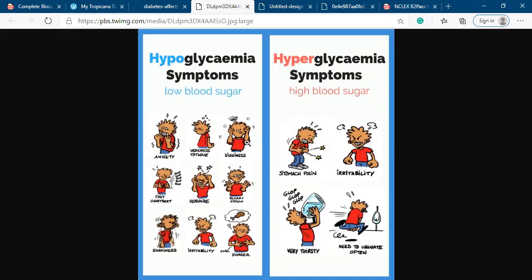Also difficulty of concentration. They have difficulty of speech, called slurring speech, or they feel blurred vision, anxiety, and finally seizure and coma. So these are the signs and symptoms of hypoglycemia, right?